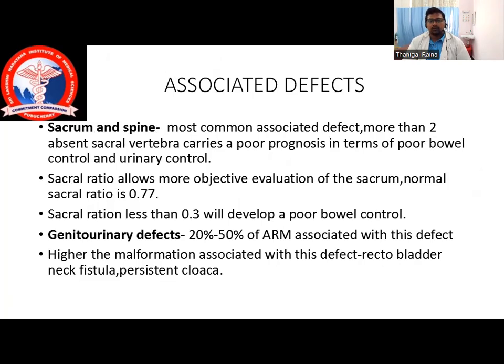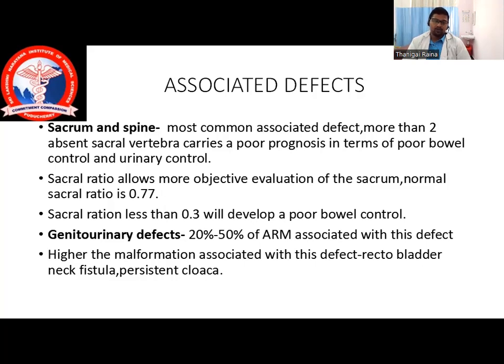Sacral ratio allows more objective evaluation of the sacrum. Normal sacral ratio is 0.77. Sacral ratio less than 0.3 will develop poor bowel control. So this constitutes the bone, that is sacrum and spine defect.